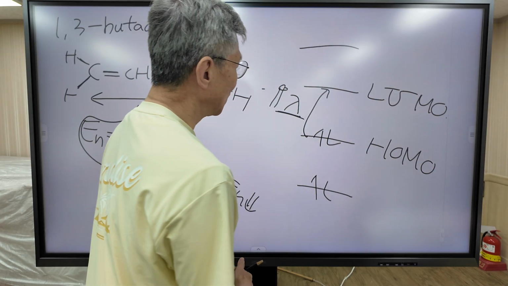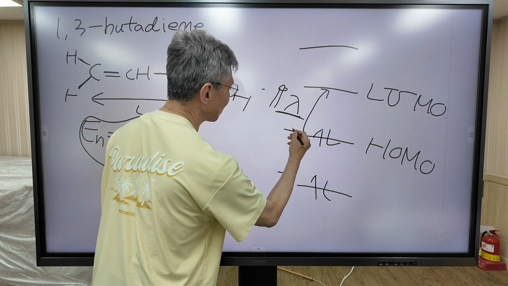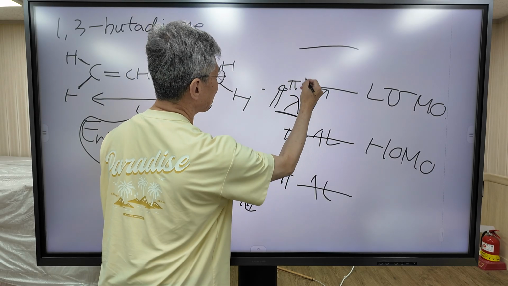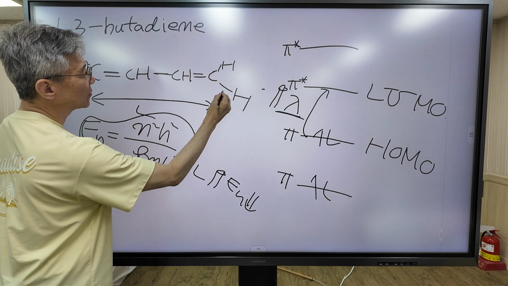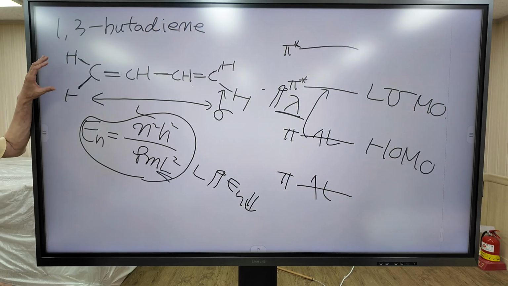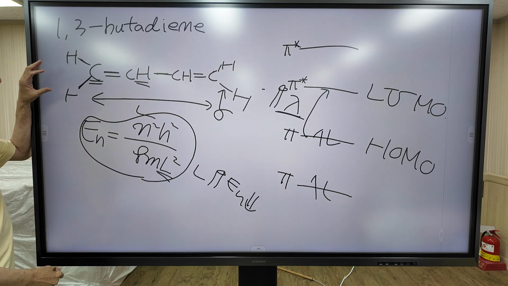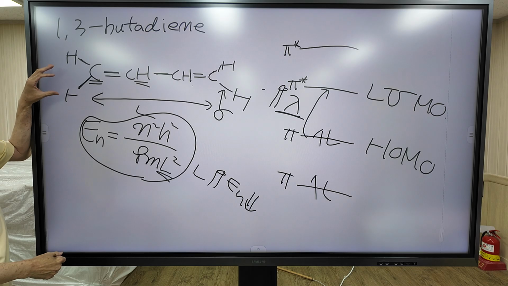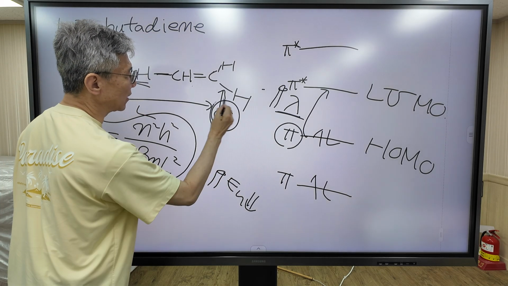In this molecule, all the molecular orbitals are pi type. And in this molecule, we can also have sigma orbital. When organic molecules contain only carbon and hydrogen, all the molecular orbitals are classified as either pi orbital or sigma orbital.